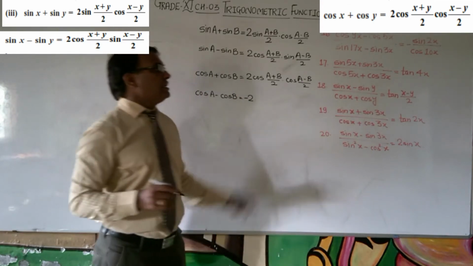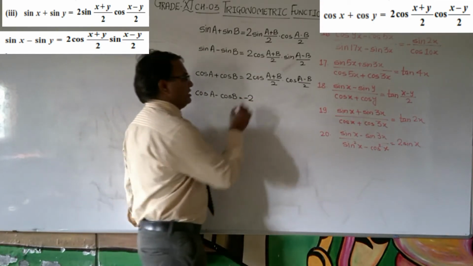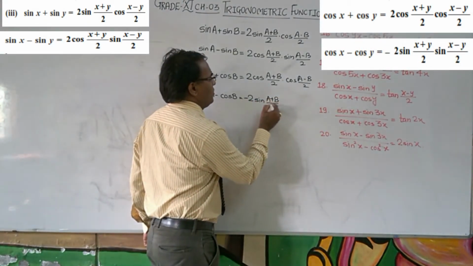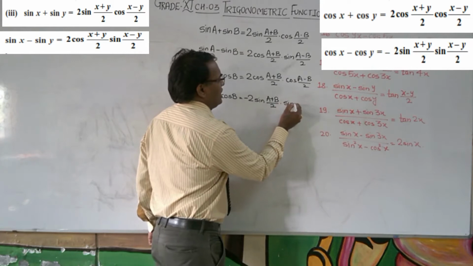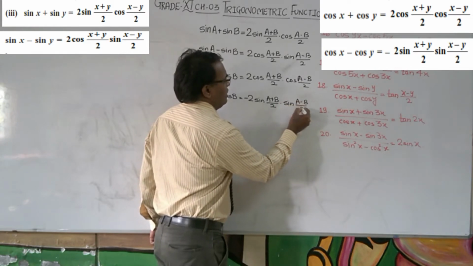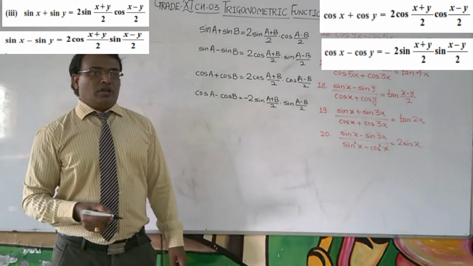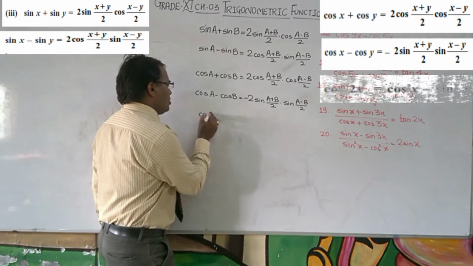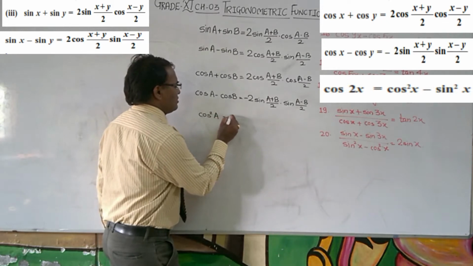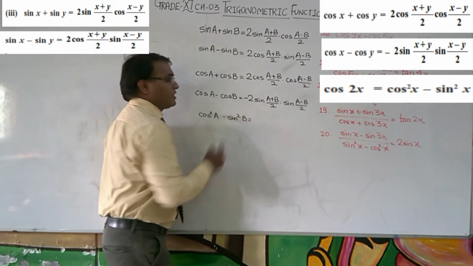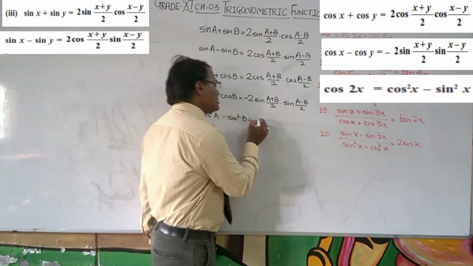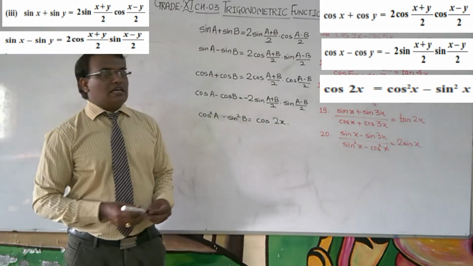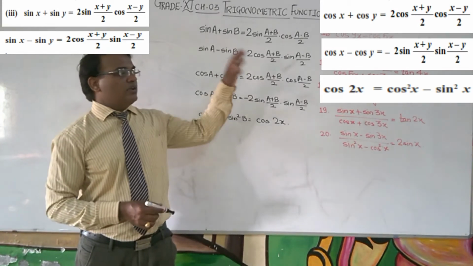Minus 2, and instead of cos there will be sin, that is minus 2 sin of (A plus B) upon 2 into sin of (A minus B) upon 2. Then there is one more formula which we will be using, cos square A minus sin square B, which is equal to cos 2x.